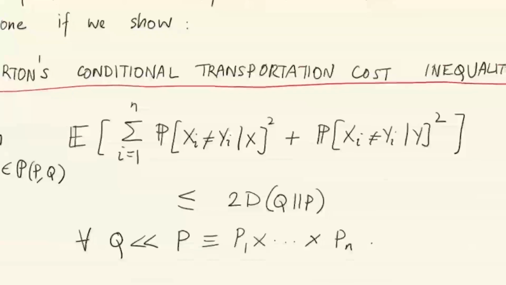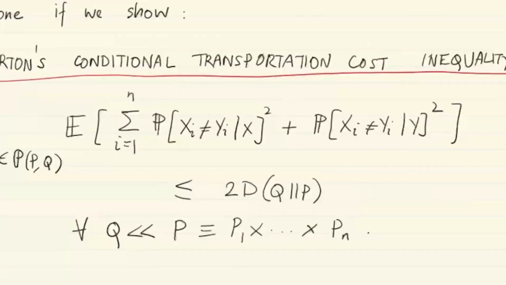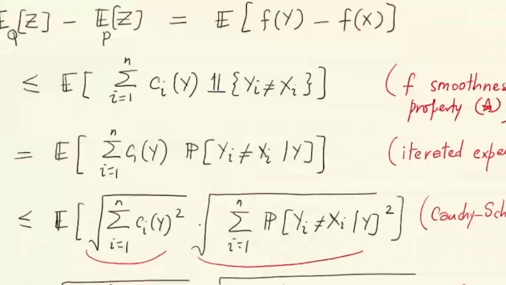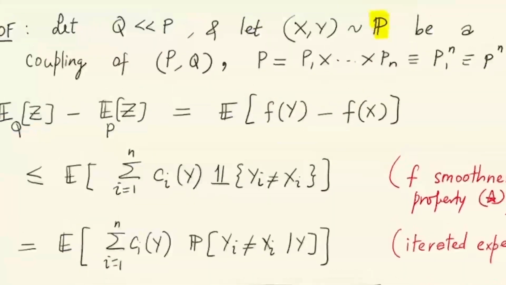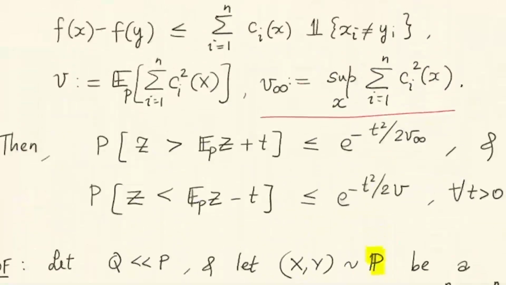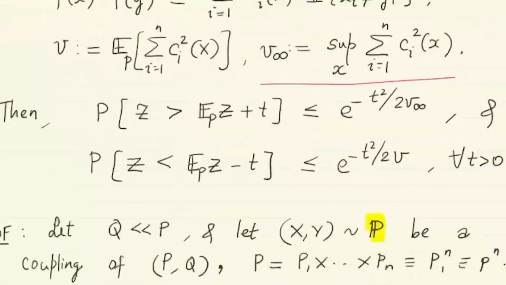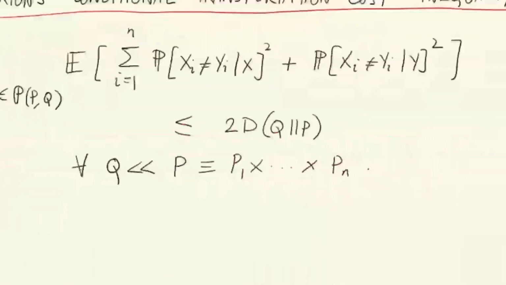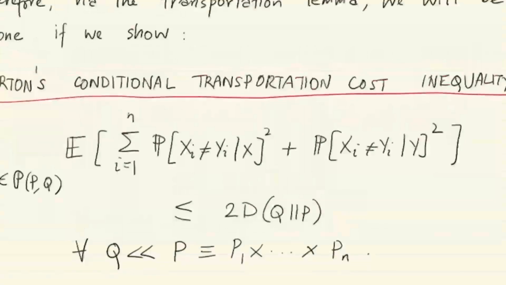Okay, so that basically is the summary of how the transportation method gives you both tail bounds with the appropriate variance parameters V infinity or V, just by invoking this powerful Marton's conditional transportation cost inequality, which will be the subject of the next lecture. Thank you.